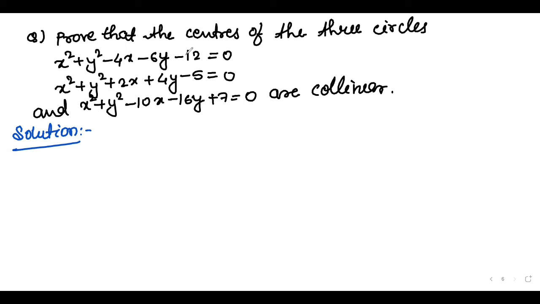So basically I have to find the centers first. I will consider A the center of the first circle, B the center of the second circle, and C the center of the third circle. And if BA plus AC equals to BC, then I can say B, A, C are collinear in a line.